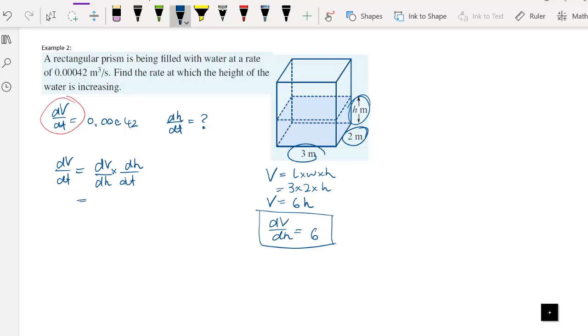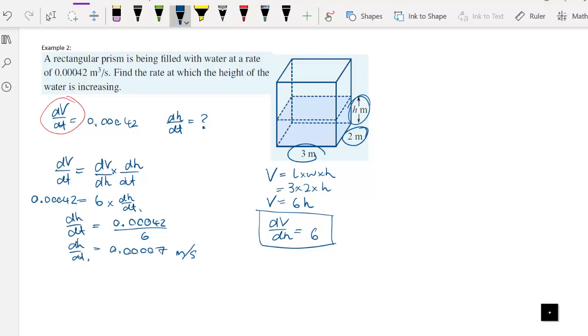We've got dV/dt, which is 0.00042. We've got our dV/dh, which is 6, and our dh/dt is what we're trying to find. All right, so the last step is that we want to isolate, so dh/dt will be equal to 0.00042 over 6. And so that means we end up with 0.00007 meters per second.